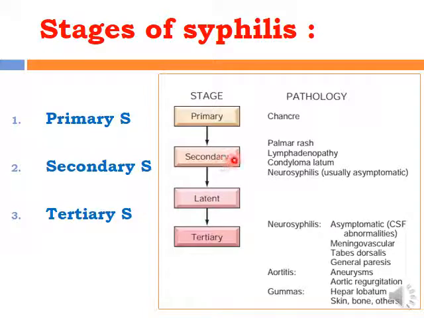The secondary stage is characterized by a macular red rash involving the palms of the hands and the soles of the feet, associated with generalized lymphadenopathy, enlargement of the lymph nodes all over the body, and papular lesions called condyloma latum that occur at moist areas of the body, such as axillary folds and inguinal folds, in addition to sometimes syphilitic neural disease, which is usually asymptomatic. Then the patient passes to a latent period.